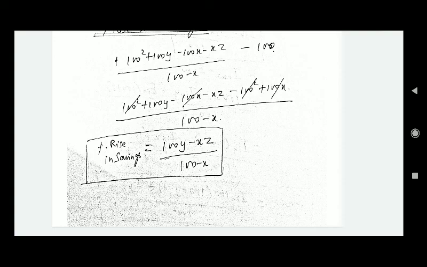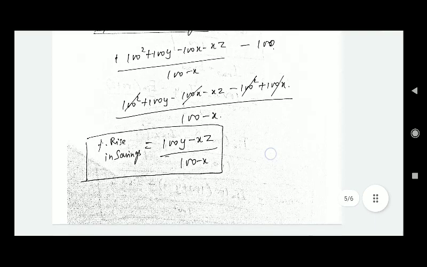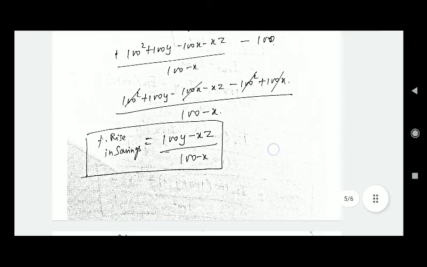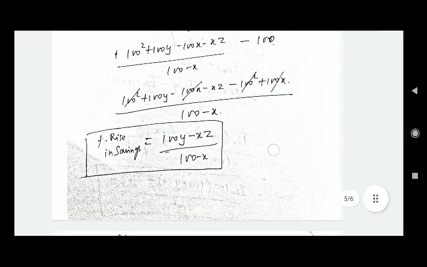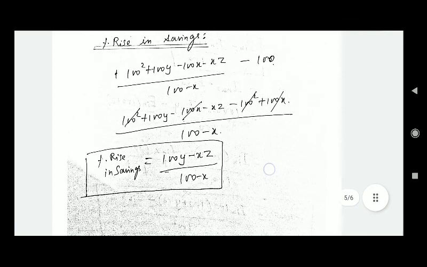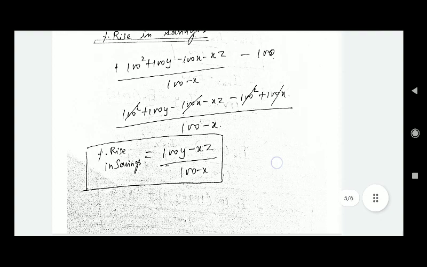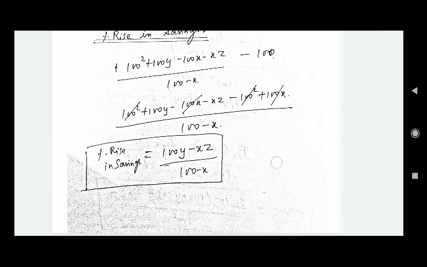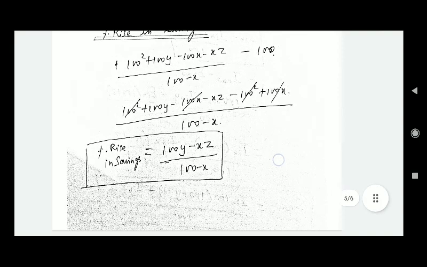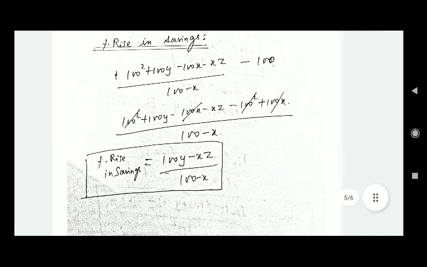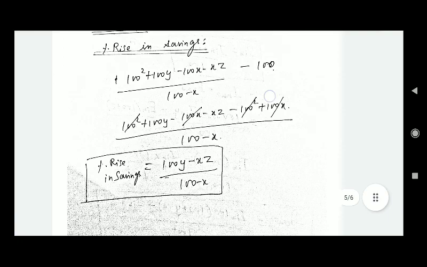So 100 times 20 is 2000, and x was 75 and z was 15. 75 times 15 amounts to 1125. So when we subtract 1125 from 2000, we get 875, and 100 minus 75 in the denominator will give us 25. So 875 by 25 will give us 35. So the percentage rise in savings is 35.